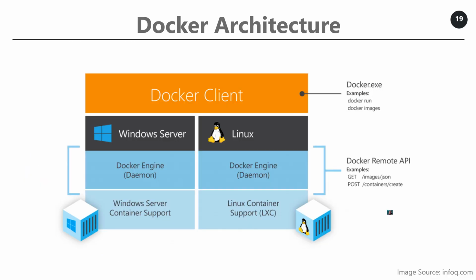So just a few more details about Docker and its architecture. You have your Docker client, with commands like docker run and docker images, for example. It will call the Docker executable. Then in Windows and Linux, you will have a daemon, the Docker engine, in both OSs.